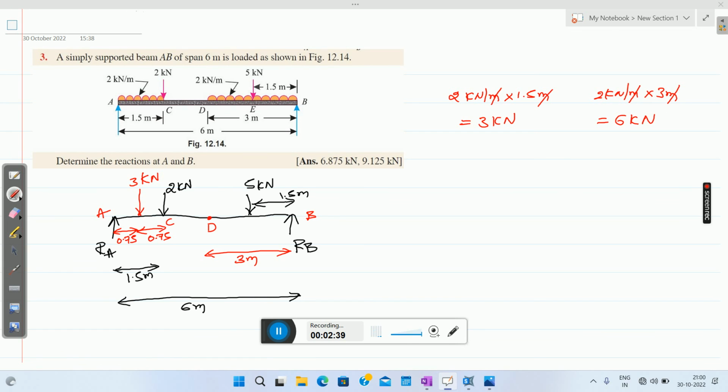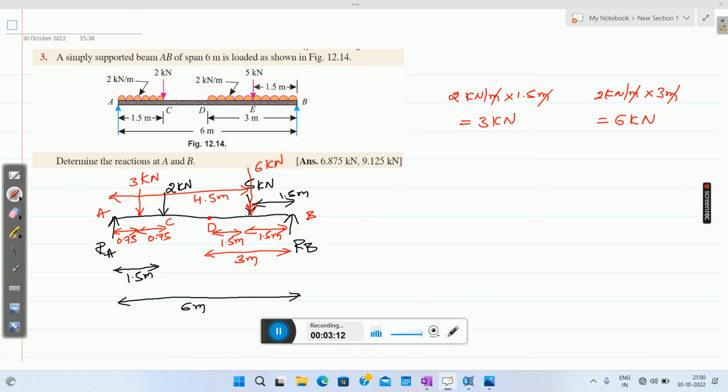It will be exactly at center at this location. This will be 1.5 meter and this distance will be 1.5 meter. So from here to here it will be 6 minus 1.5, which is 4.5 meter.